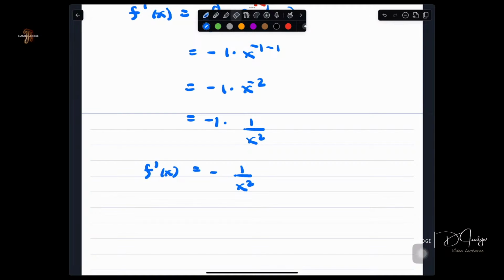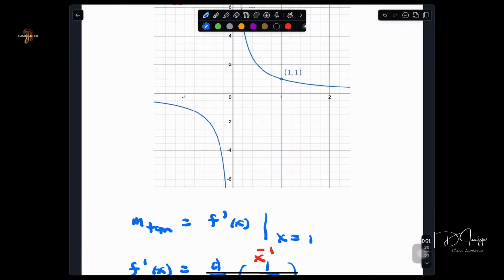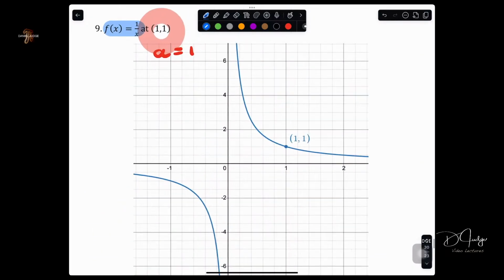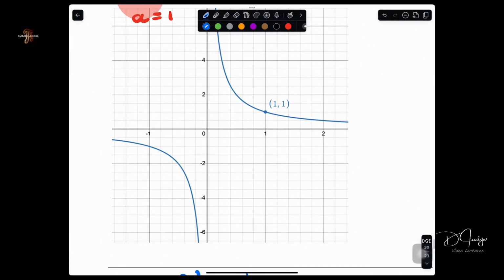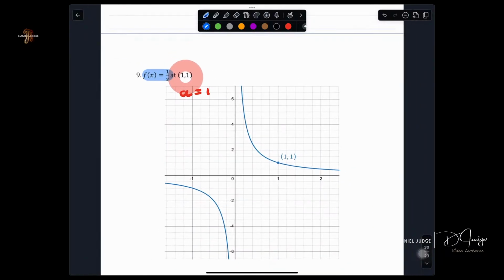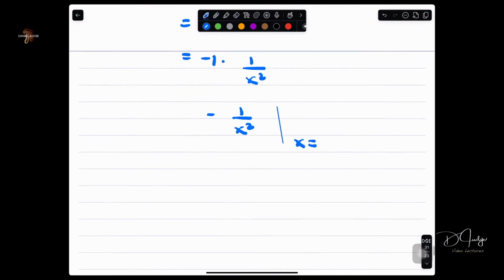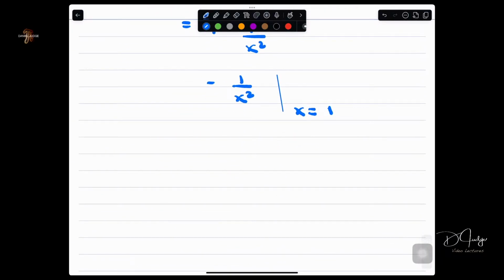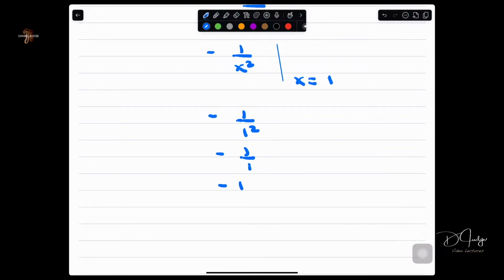That's your derivative. Okay? So we have to evaluate this. Remember, this is at x is, I believe, +1, or a is 1. There it is there. 1, 1. A is 1. X or a, same thing. -1 over 1 squared is -1 over 1. It's -1. Here's your m tangent.